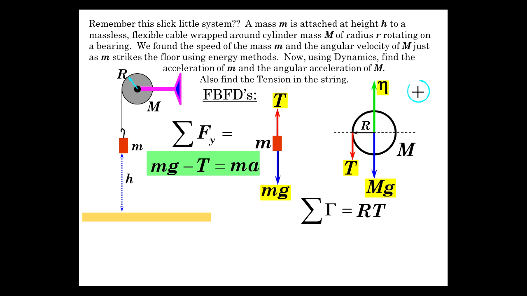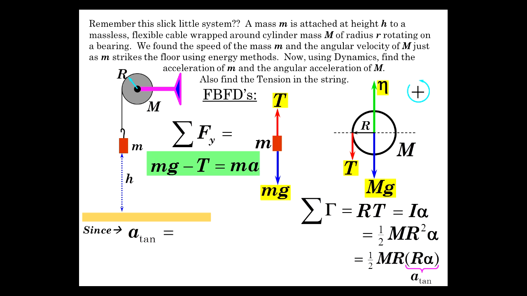So the sum of torques is, well, the whole amount of torque acting on this is R times T. They're perpendicular to each other, and that's I alpha. So I is 1/2 MR squared times alpha. We can expand this to say 1/2 MR times R alpha. Well, why do I want R alpha in here? Because R alpha is a tangential. That's why.